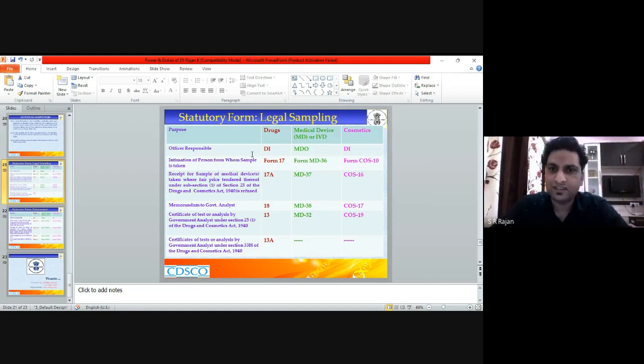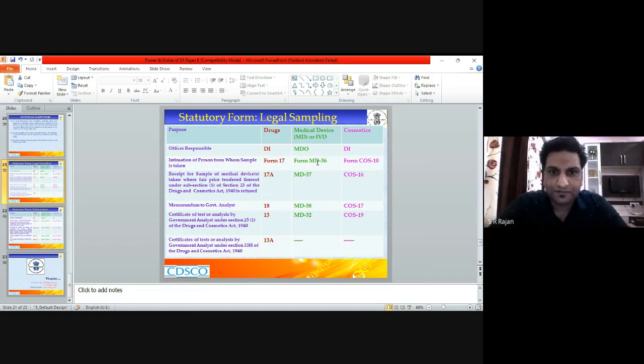In case of medical devices or in vitro medical devices, Form MD36 is issued by the MDO to the person from whom the sample has been taken. And if the inspector takes a sample from cosmetic premises, he will issue the intimation under Form COS 10.